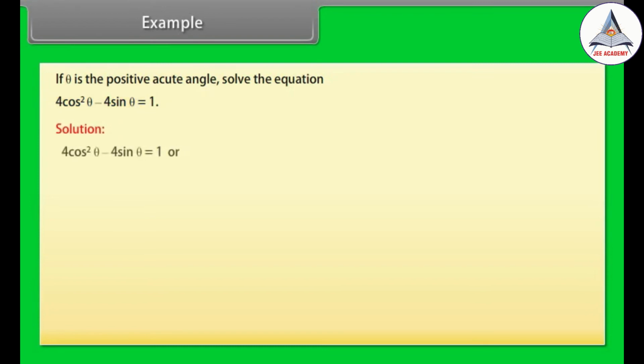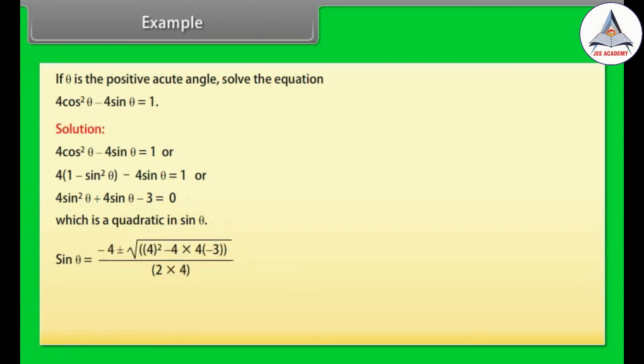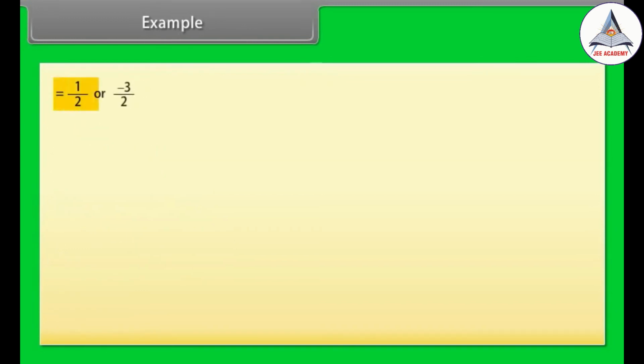Solution. 4 cos² θ − 4 sin θ = 1, or 4(1 − sin² θ) − 4 sin θ = 1, or 4 sin² θ + 4 sin θ − 3 = 0, which is a quadratic in sin θ. Sin θ = (−4 ± √(4² − 4·4·(−3)))/(2·4) = (−4 ± 8)/8 = 1/2 or −3/2.